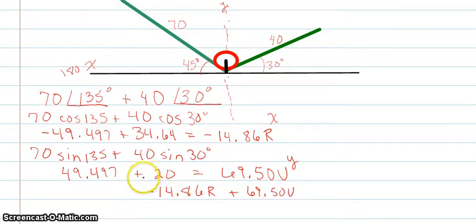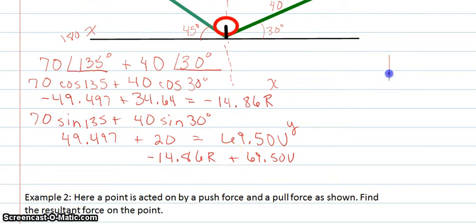Now this is the rectangular coordinates, and what they're looking for with the resultant force is polar coordinates. So we're going to have to change this back into magnitude and angle.